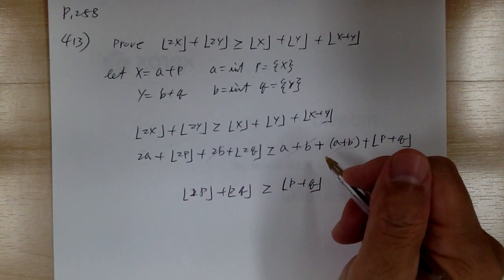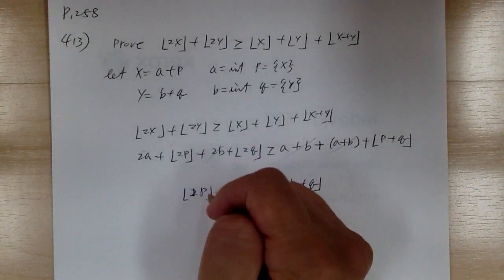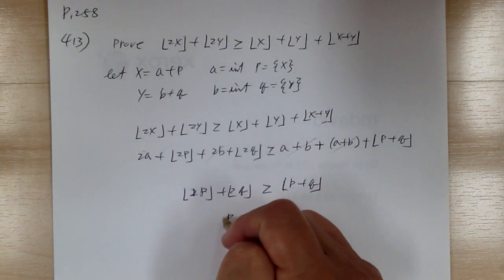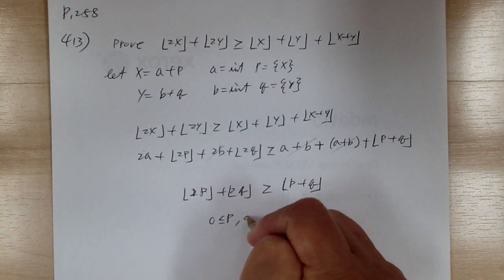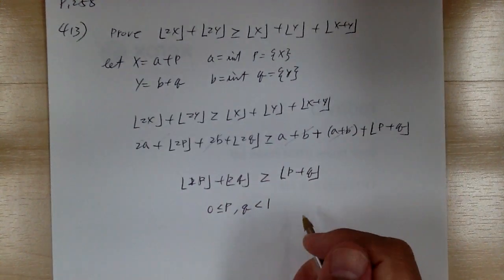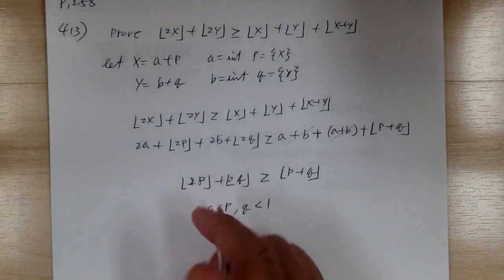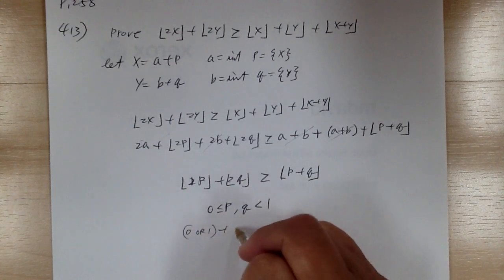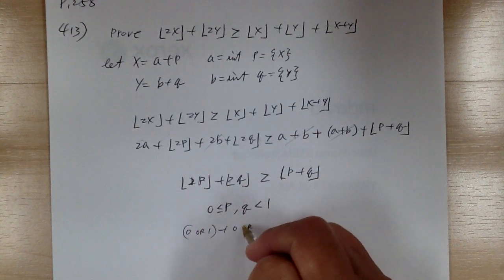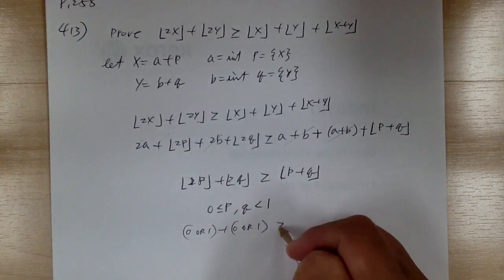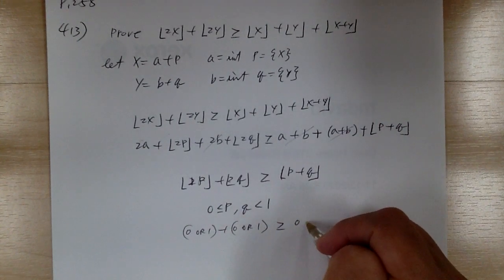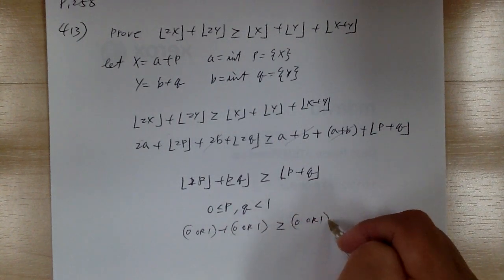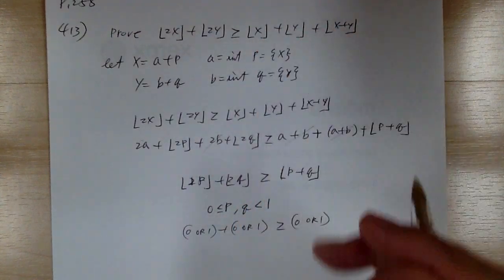Okay, and both the p and the q are between 0 and 1, right? And so this part you're going to get 0 or 1 plus 0 or 1, and this is always going to be greater than or equal to 0 or 1. So this is always going to be true, therefore this is true.